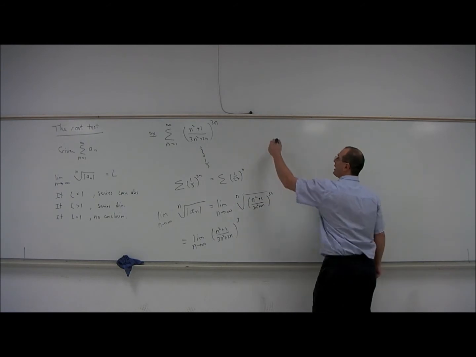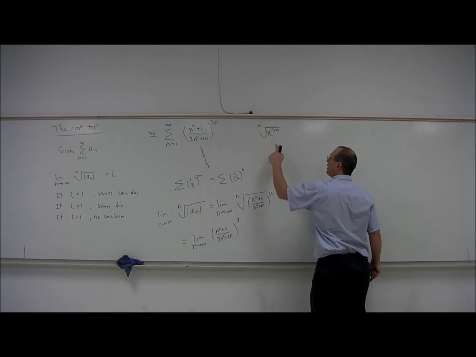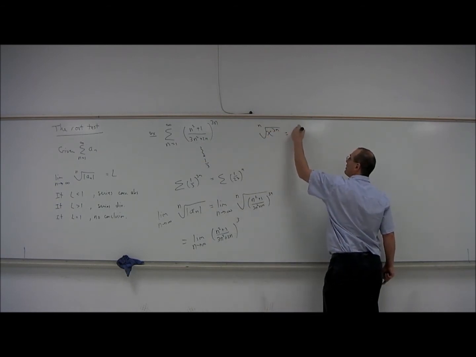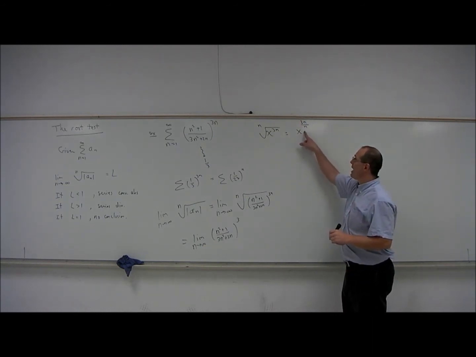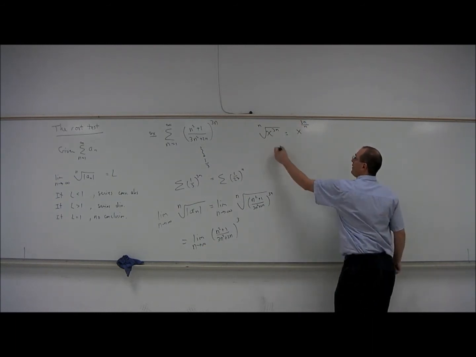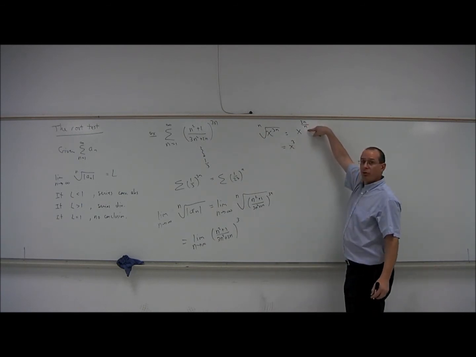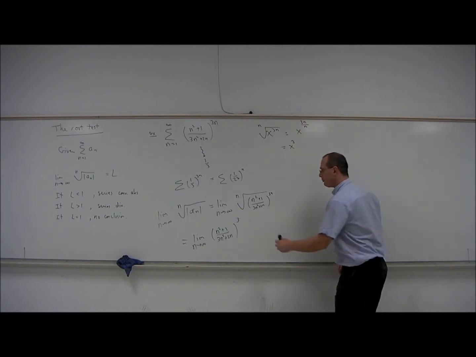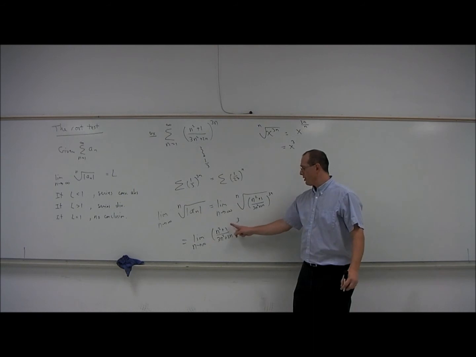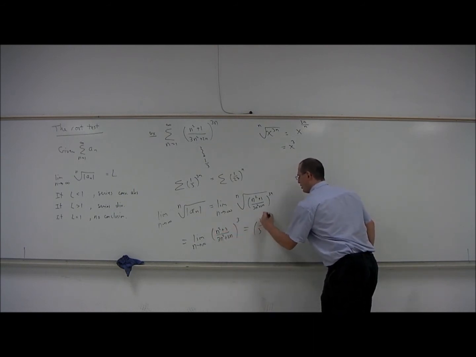Let's take a closer look at that. If we have any number x and we take the nth root of x to the power 3n, that's the same as x to the power 3n over n, converting this into a rational exponent, and that of course is x cubed. So you can see the nth power and the nth root canceling, but leaving us still with the third power. And now, as mentioned earlier, the fraction in the parentheses goes to 1/3.